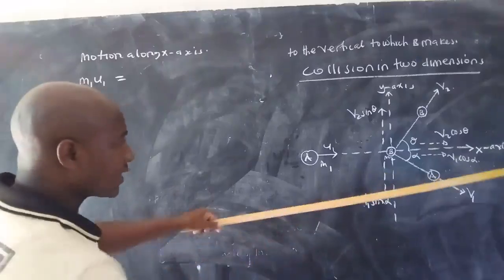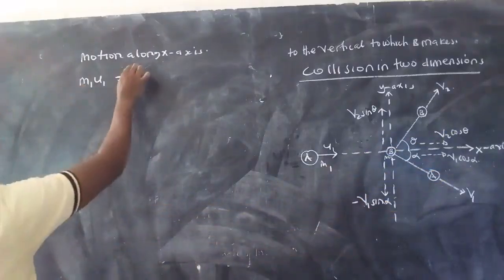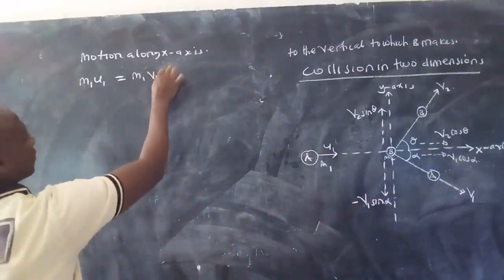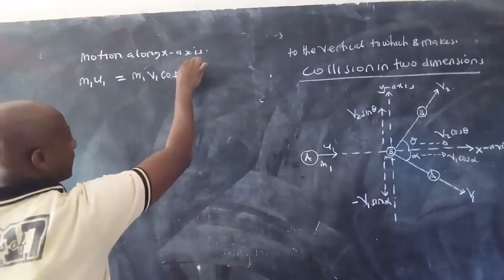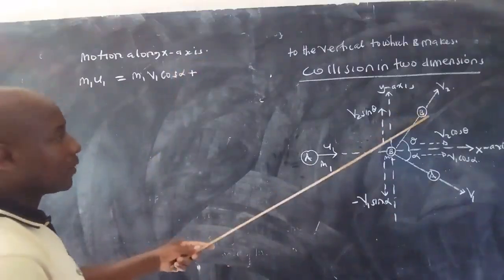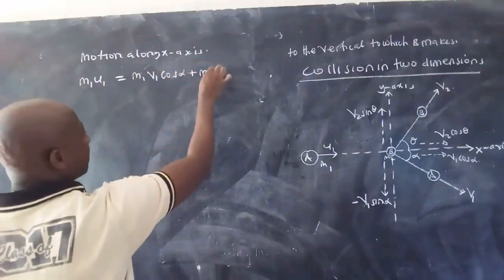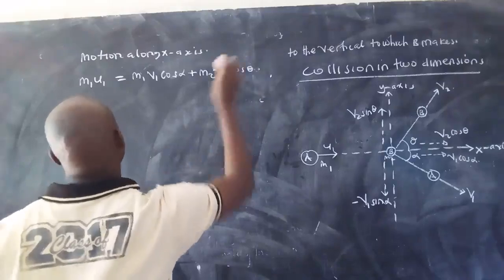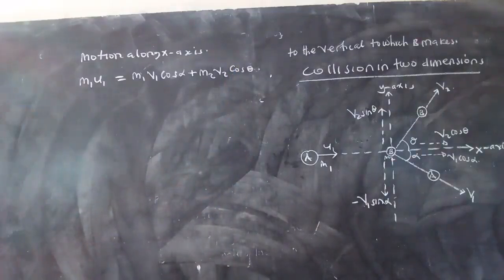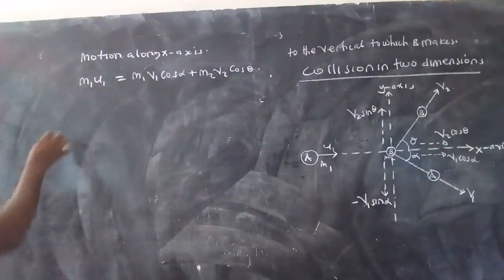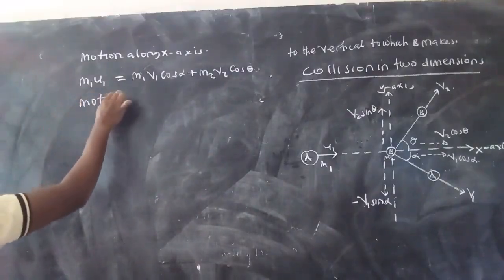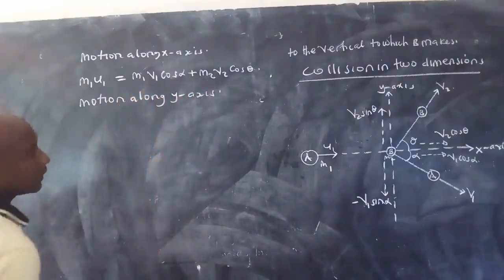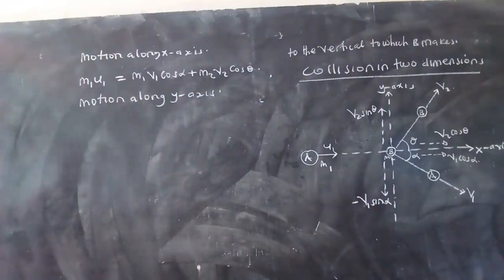It will be along the horizontal axis. It will be m1 v1 cos alpha plus m2 v2 cos theta. Then we go to the vertical motion along the y-axis.